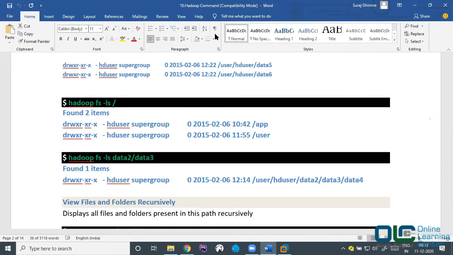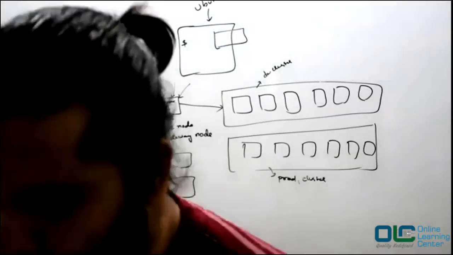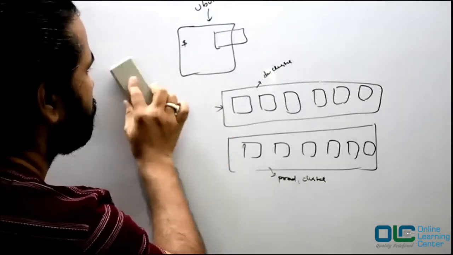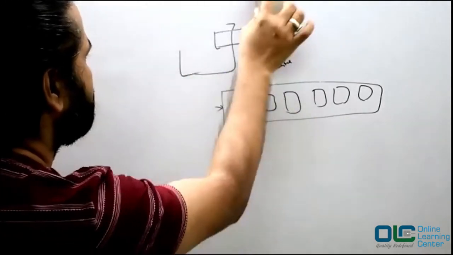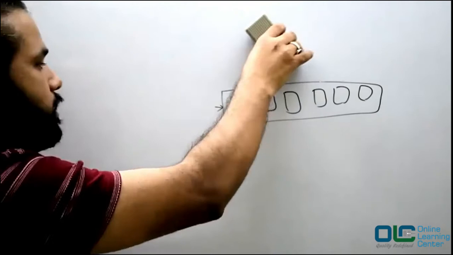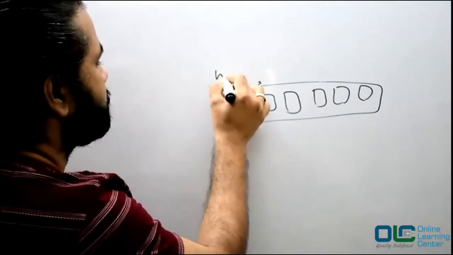So let me go back. Okay, so HDFS is basically a file system, right? So I'll just erase this, and let me just have one cluster. Okay, so this is our cluster, and we have created HDFS from this cluster, right?